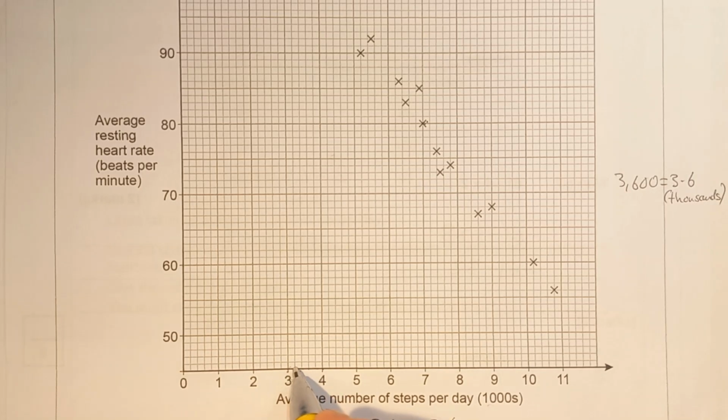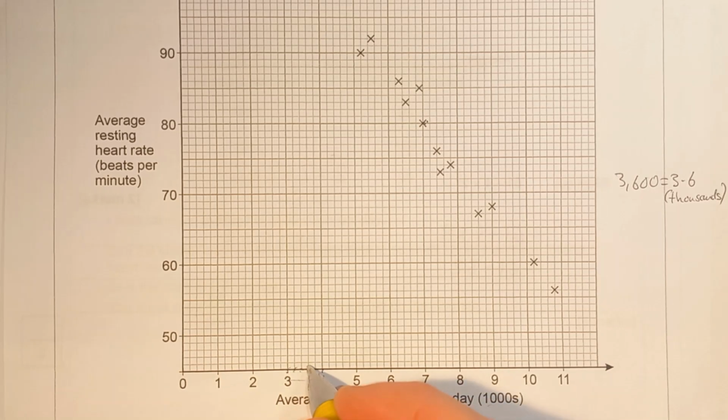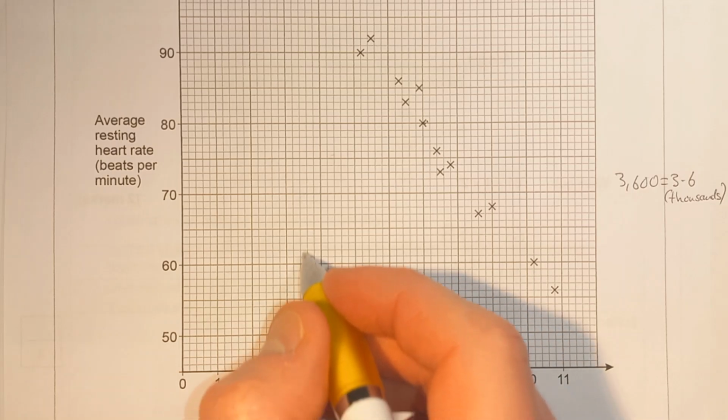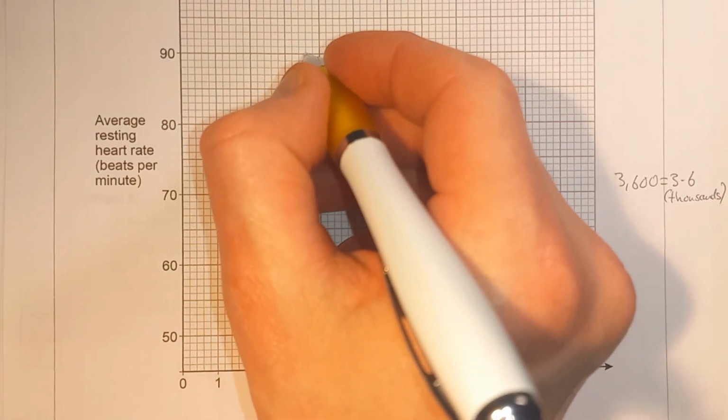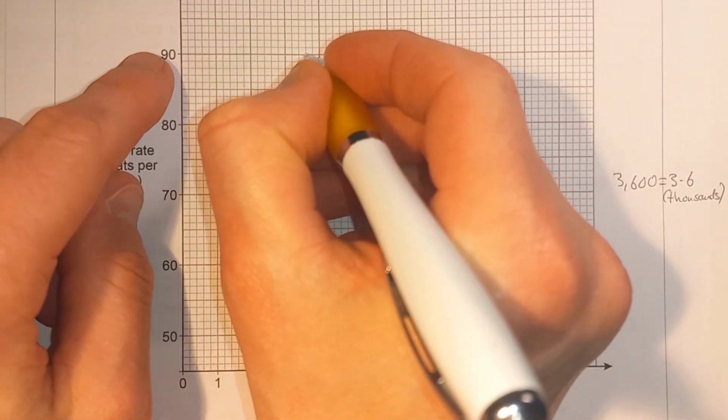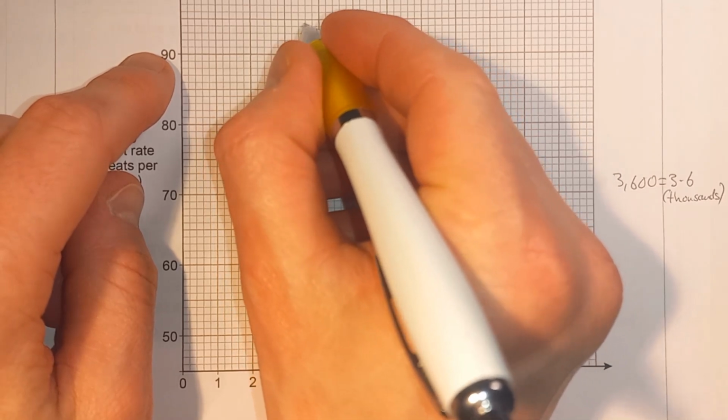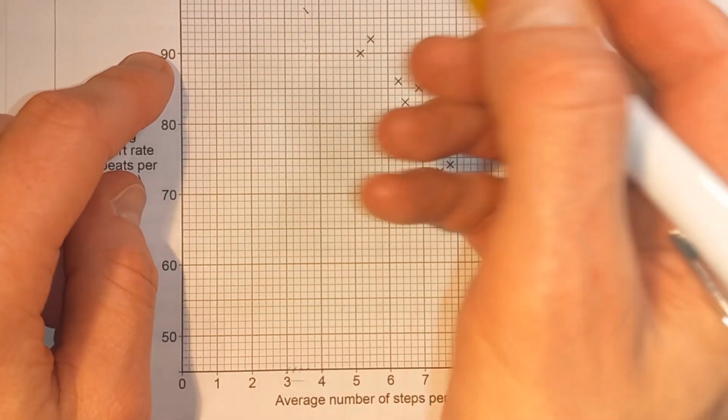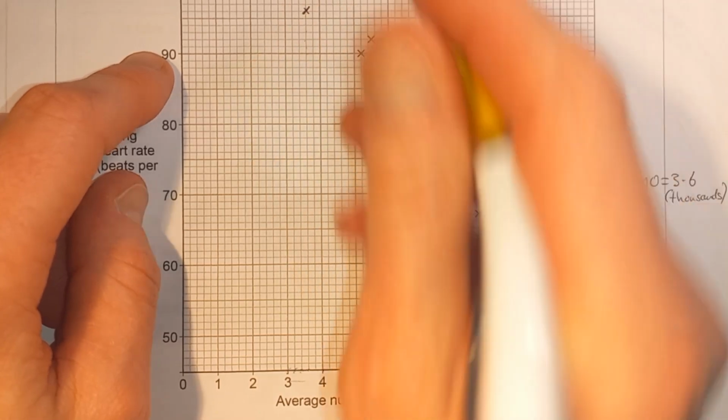So this must be 200, 400, 600. So we go up from 3,600 until we reach a resting heart rate of 96. Here's 90, and if we look at the scale, it's 1, 2, 3, 4, 5, 96. So we've got a value up there.